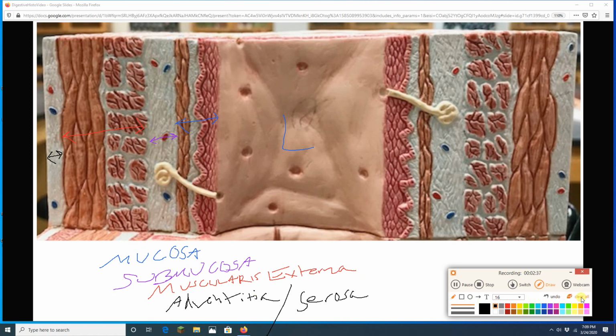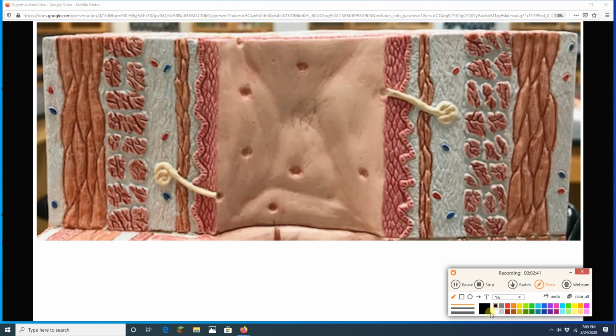All right. So let's clear all this writing here and let's talk about this first layer, which is the mucosa. So there's the mucosa right there. Now, obviously, you can see there are three sublayers. The first one right there is the epithelium.